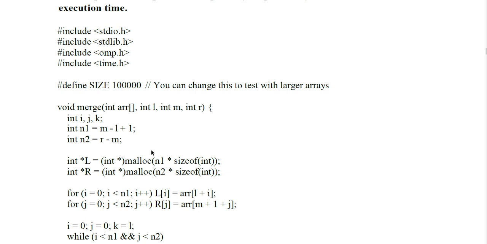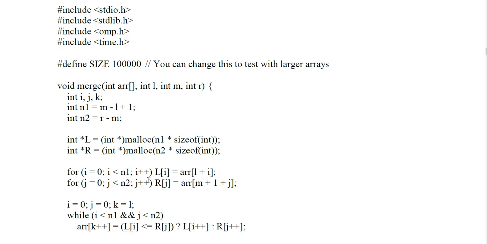It divides the array of l and r into two halves, left and right. So here we have integers for both left and right. Then it compares the elements one by one. So here it fills the original array in a sorted order, and we are using the malloc allocation here. So finally it has to free up the temporary arrays.